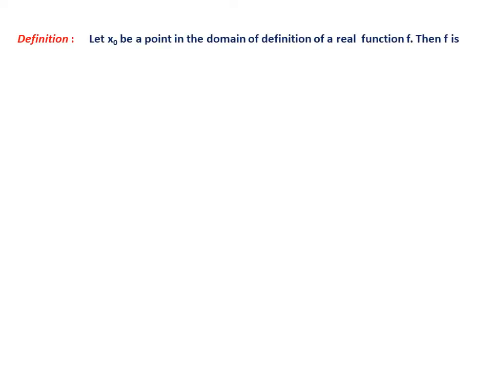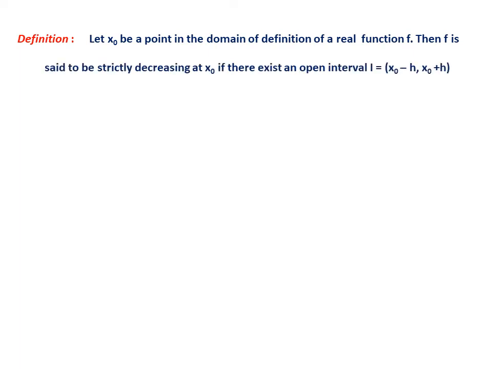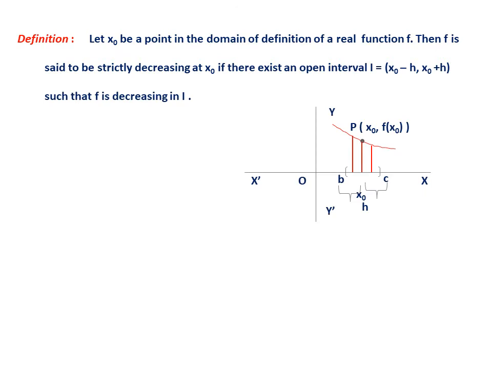Let x0 be a point in the domain of definition of real function f, then f is said to be strictly decreasing at x0 if there exists an open interval I, (x0 minus h, x0 plus h). Diagram: here x0 is the value and f of x0 is the point P, and right of x0 is c, that means c is x0 plus h, left of x0 is b, that is x0 minus h.